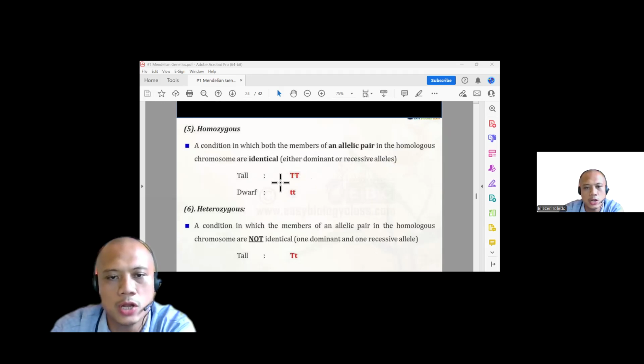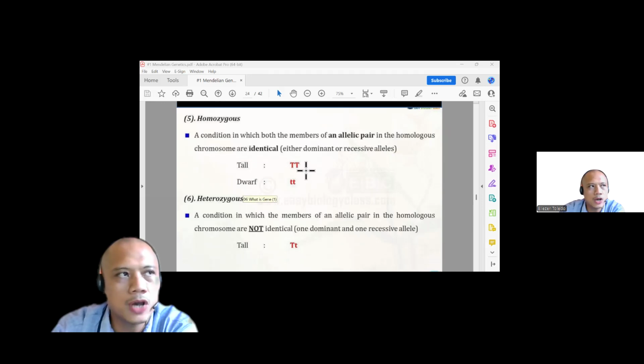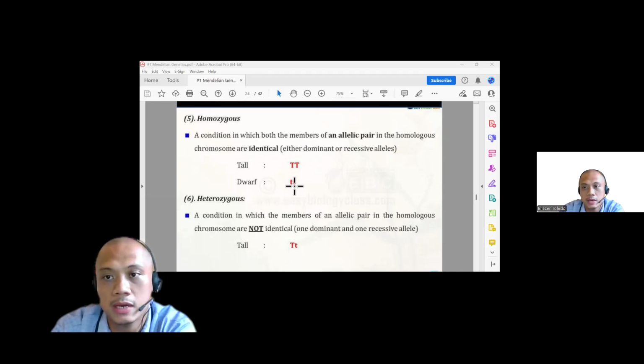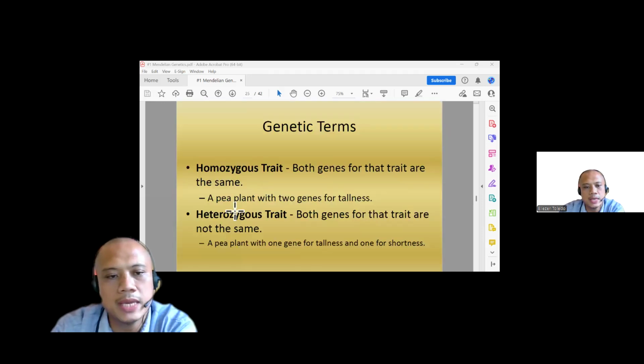In this case, TT, both capital letters, is homozygous. It could also be dwarf or short, having small letters. You call that homozygous. If you talk about the phenotype, this is tall, and for dwarf, the phenotype would still be dwarf or short. Heterozygous, what does that mean?